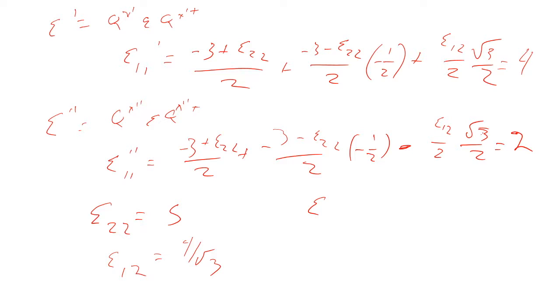So our strain tensor then becomes minus 3, 5, 4 over the square root of 3, 4 over the square root of 3, times 10 to the minus 4. All right, that's our strain tensor.